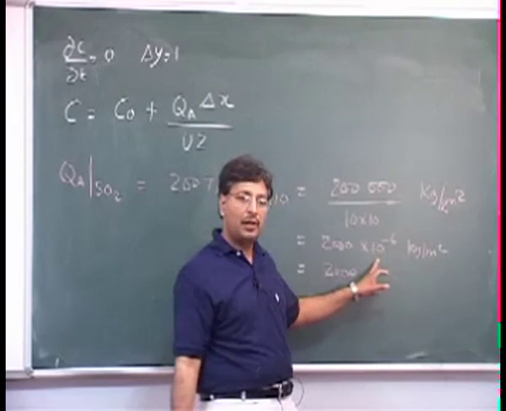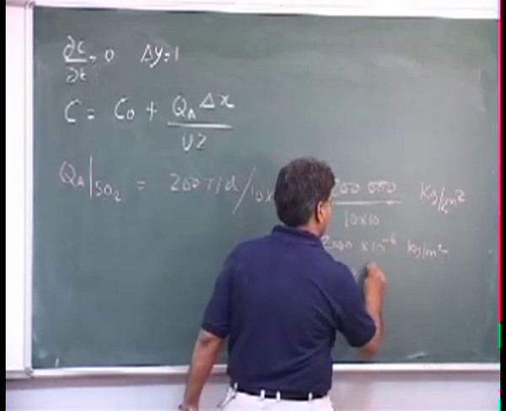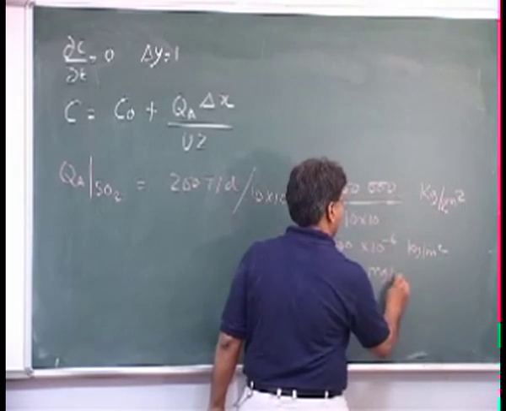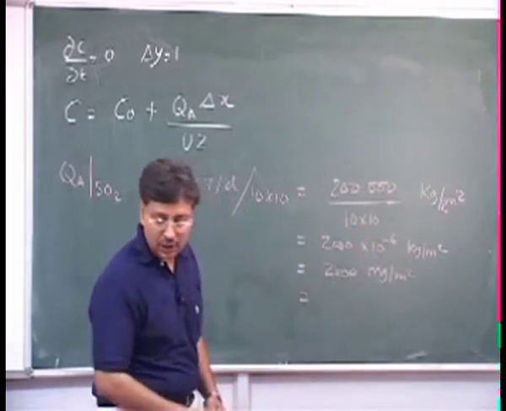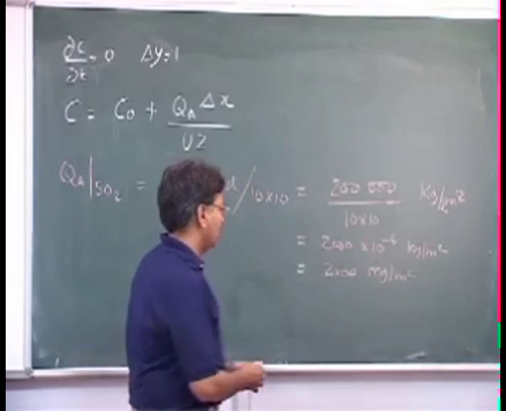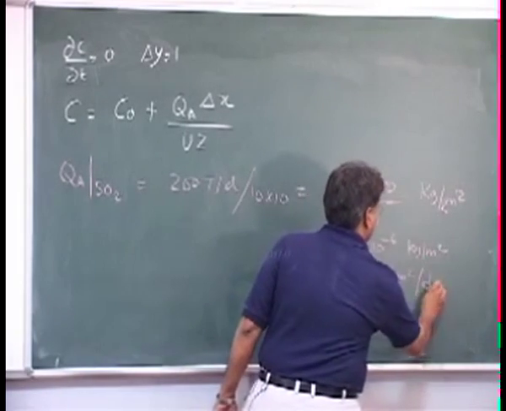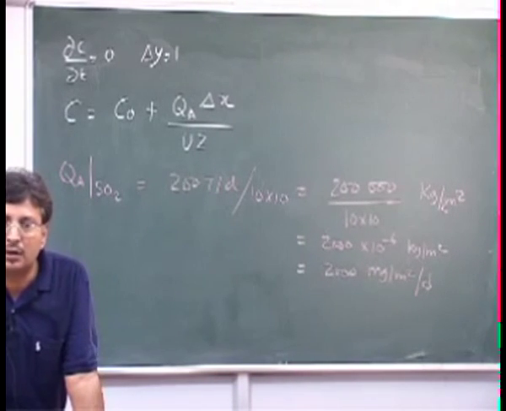So that will be 10 to the minus 3 milligram, 10 to the minus 6 gone. So much milligrams per meter square. Okay, let's do it in milligrams. Okay, 2000 milligrams per meter square per day.